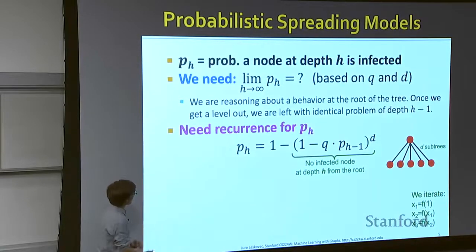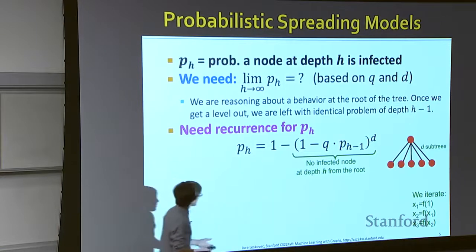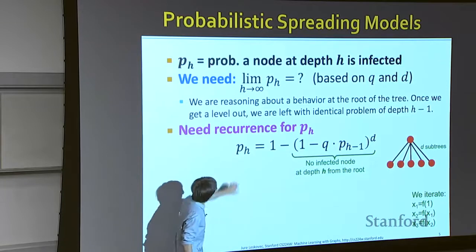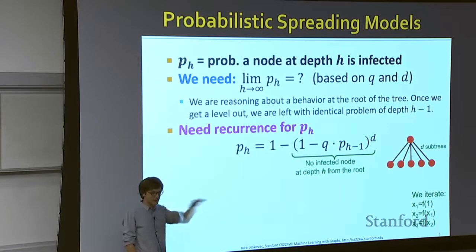Now what we really want to do is say what happens to this P of h, and how does this P of h change from h minus 1 to h. And P of h is the probability that there is at least one infected node at a given depth. Right?